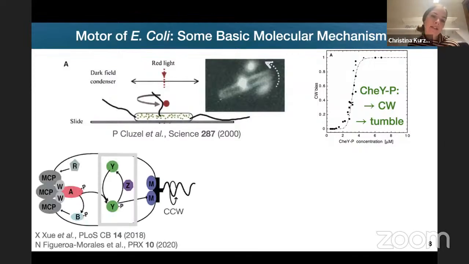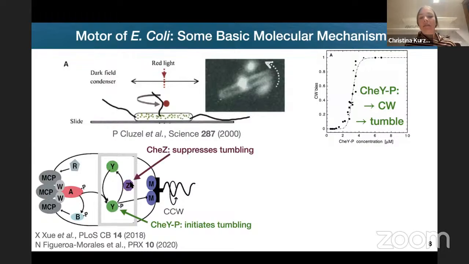The second component in this whole machinery that's important is CheZ. Now CheZ dephosphorylates CheY-P to CheY, and that essentially means that it suppresses tumbling, right? So if there's less CheY-P present in the cell, the bias for clockwise rotation of the motor becomes smaller.